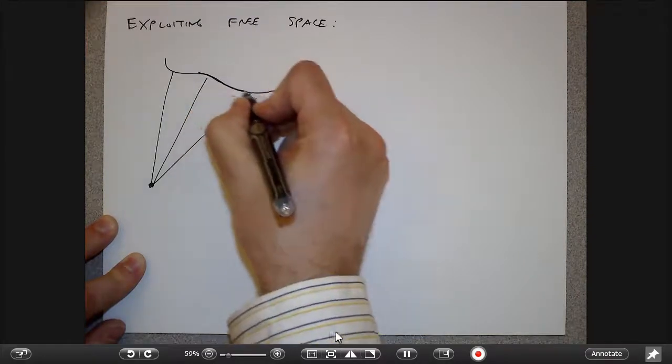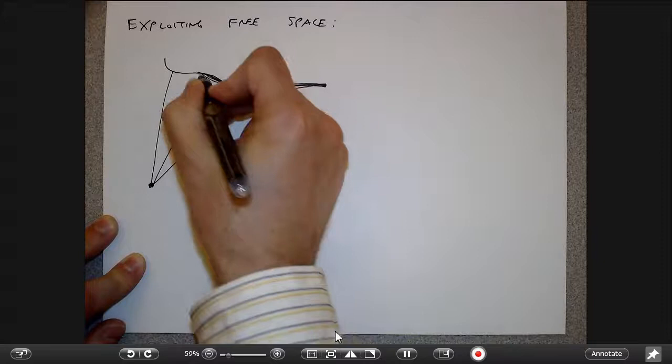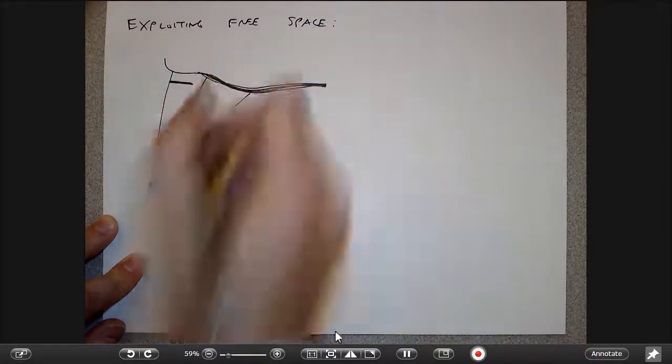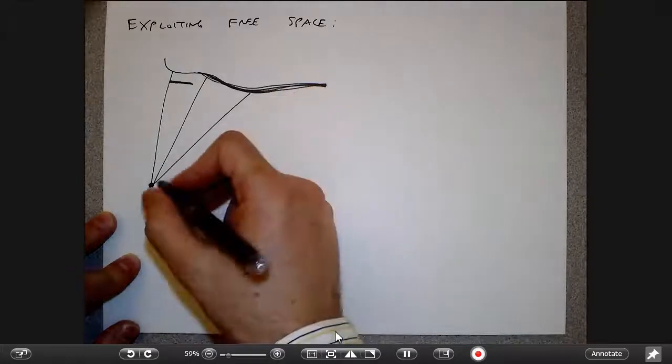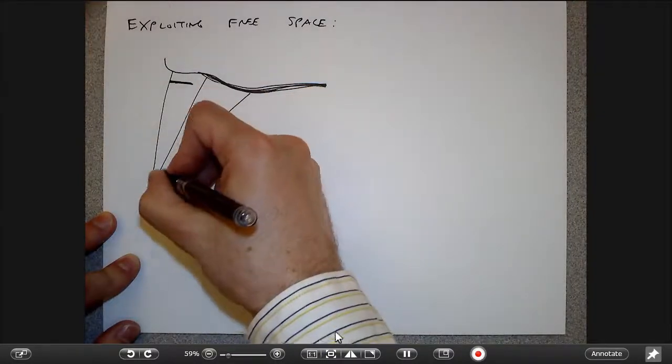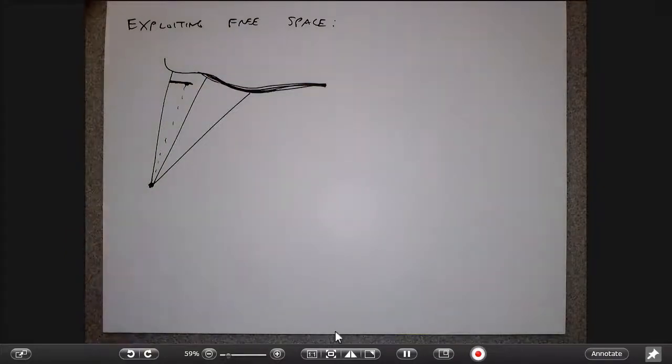If you have some other scan like this, say this is scan number 2, and there's a chunk of scan out here, you can automatically say this is a bad registration, because if this surface had been here, I would have hit it with my scanner. I would have seen something in that space, right?